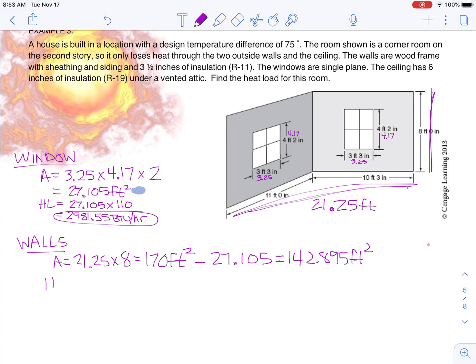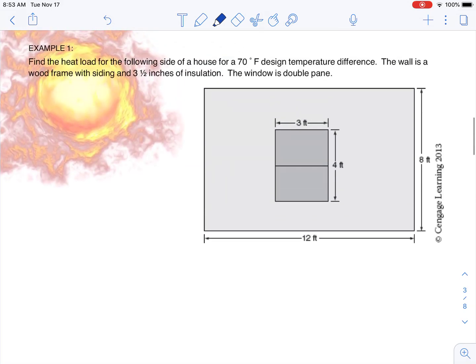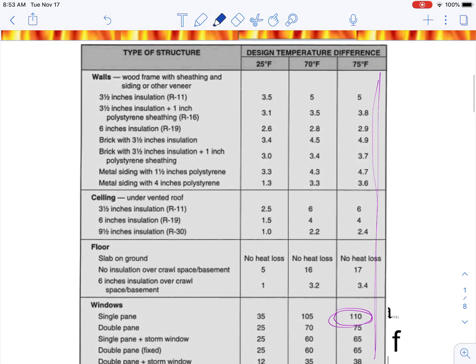So let's do the heat load for the walls. You take your area, 142.895, and we multiply it by the heat load coefficient. So these walls are wood frame with sheathing and 3.5 inches of insulation. So let's go back here. 3.5 inches of insulation.